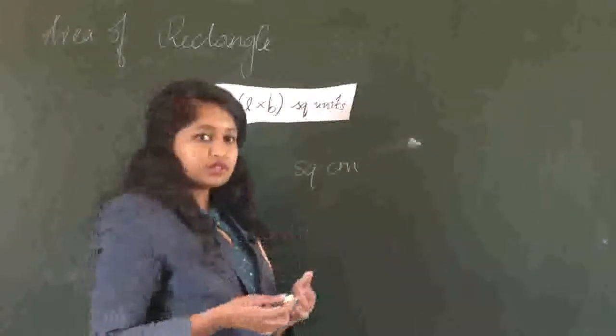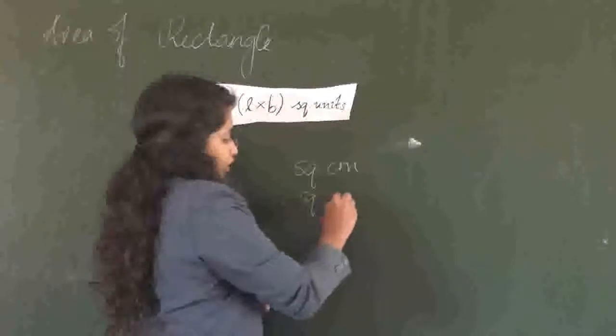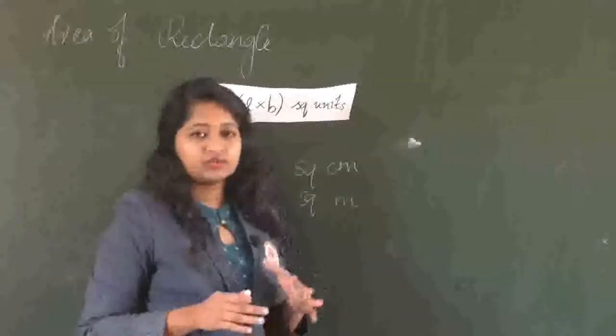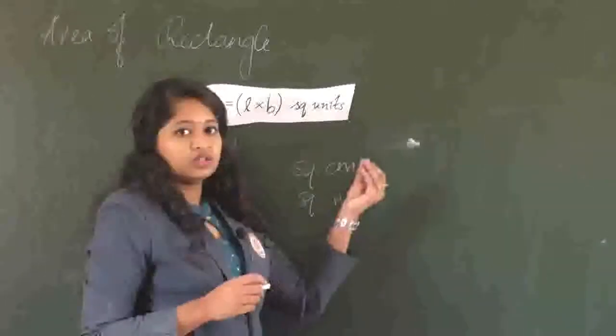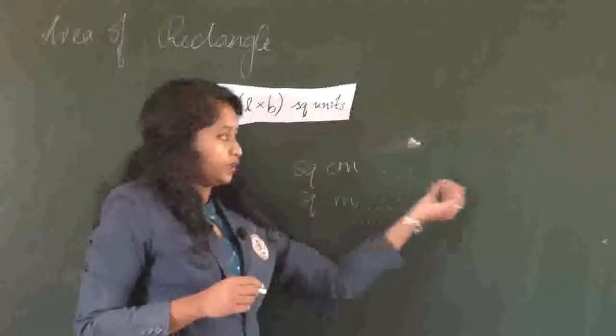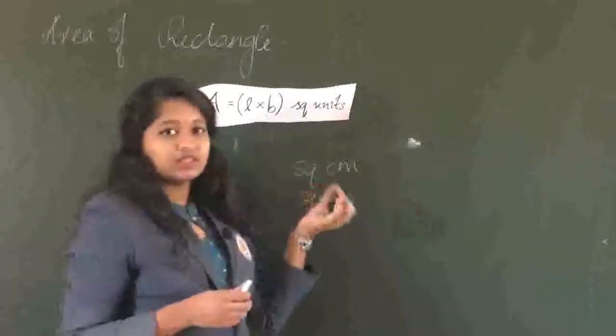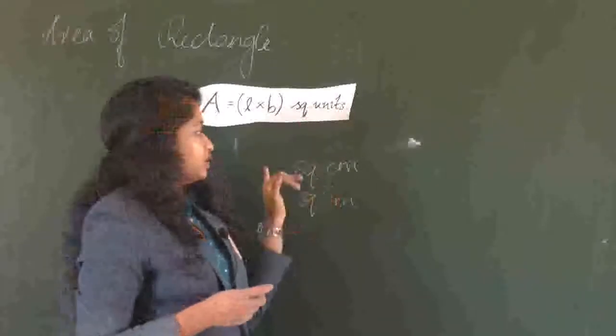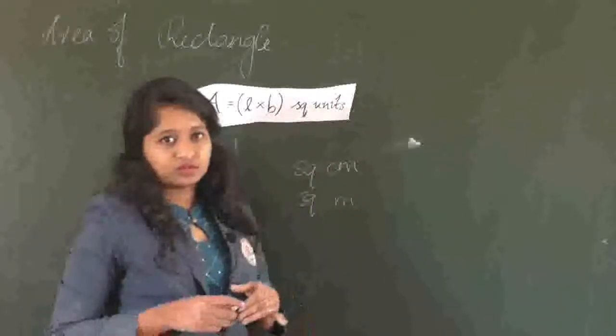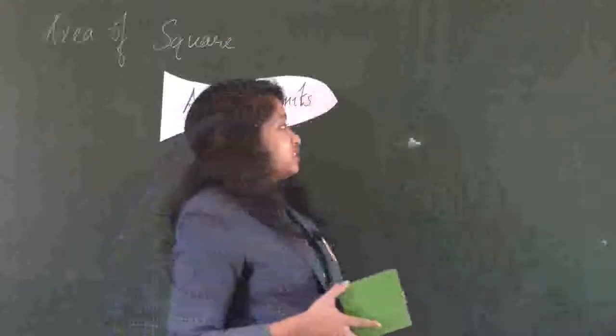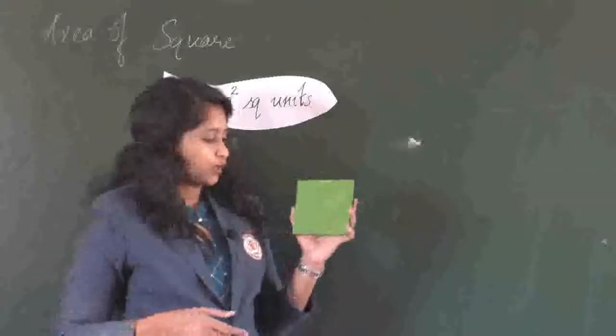If it is in meters, then it will be square meters. Similarly, whatever units the length and breadth are given in, you should write the unit of area as square units.